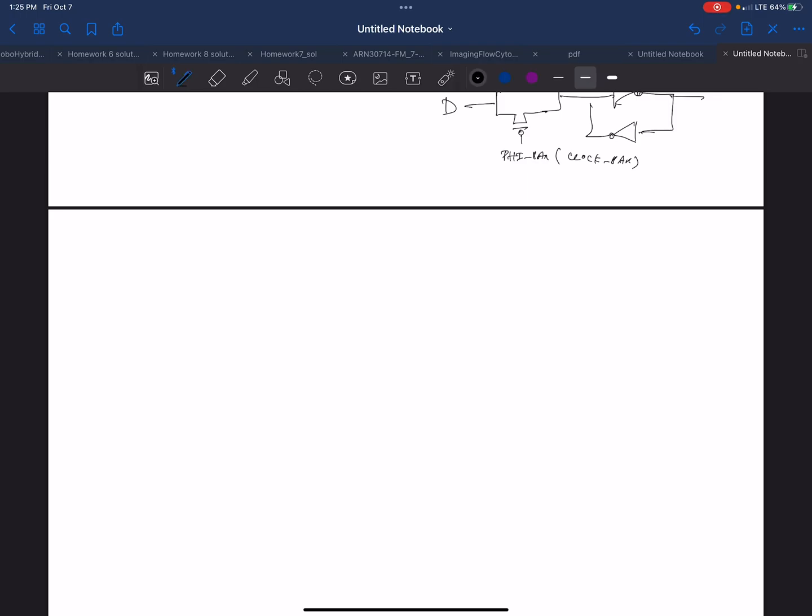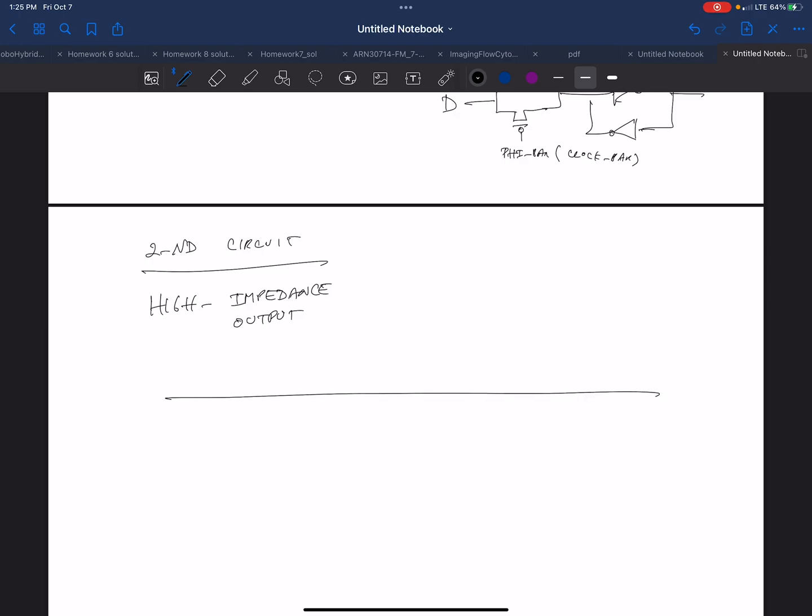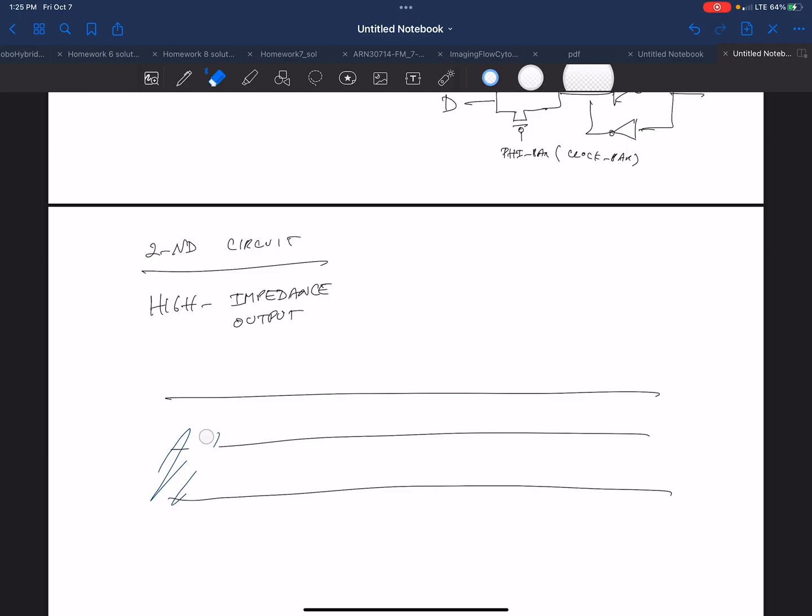So the second circuit is called a high impedance output. Are you guys all familiar with buses, the concept of a bus for logic? So the idea is you have these lines that are running through, and then let's just draw a 1-bit bus. Usually they're parallel, but let's just draw a 1-bit bus.